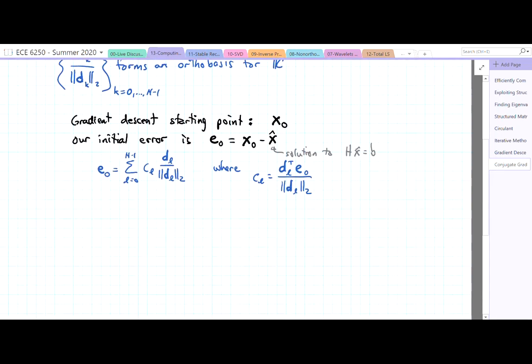Okay, now let's follow through and see what happens when we start doing our gradient descent and express it in terms of what we have here.